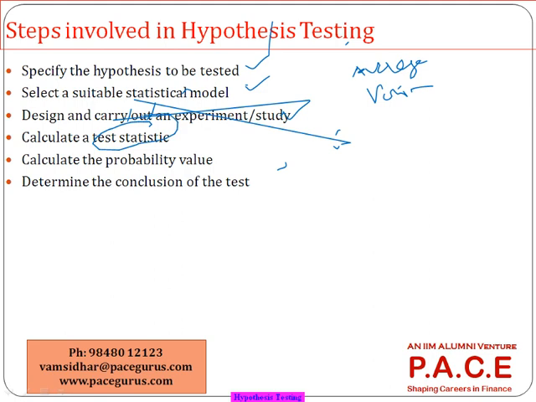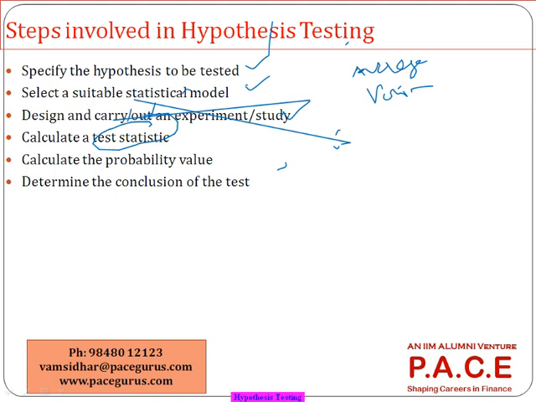What is the formula that is used to evaluate whether that statement can be rejected or not rejected? For each kind of testing, we will have a different test statistic. For example, if I have to compare the population means of two different populations, then there is one type of test statistic.